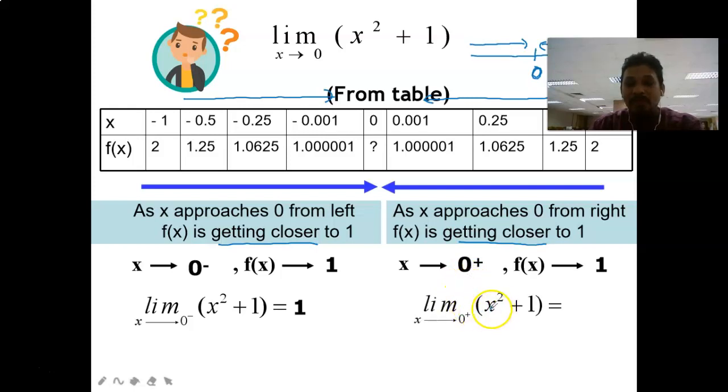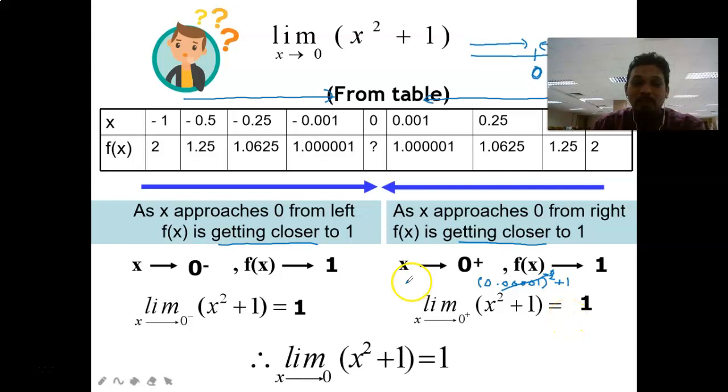So we assume that x equals 0 here, because if we take 0.00001 squared plus 1, you just imagine 0.00001 squared becomes 0.0000000001, and plus 1. So we assume that everything here equals 0. So 0 squared plus 1 equals 1.